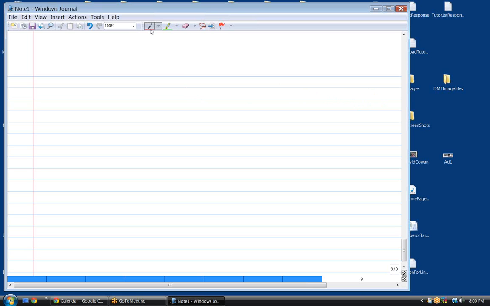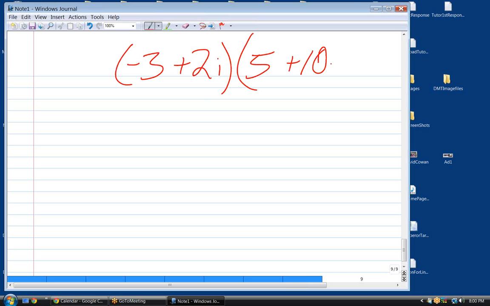It says to simplify, in parentheses, minus 3 plus 2i, close parentheses, and then times 5 plus 10i. Just FOIL it. What's the first term? So minus 15.